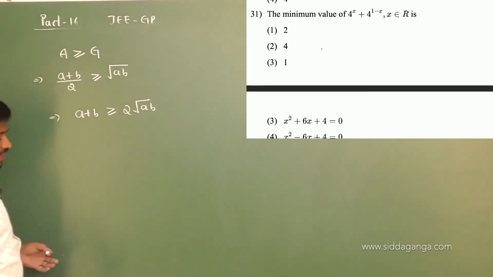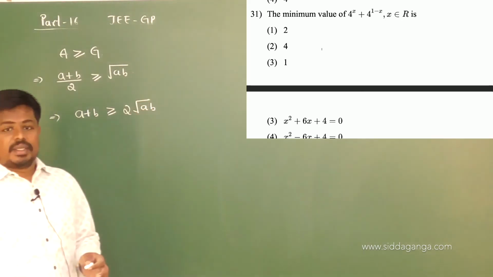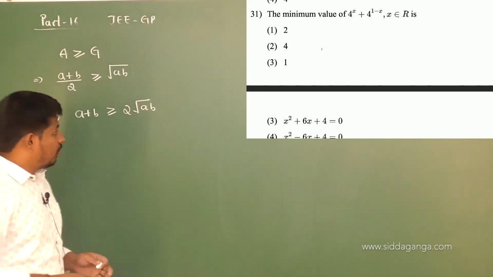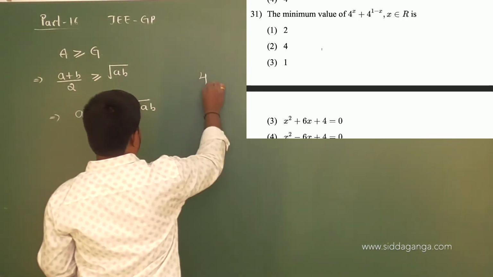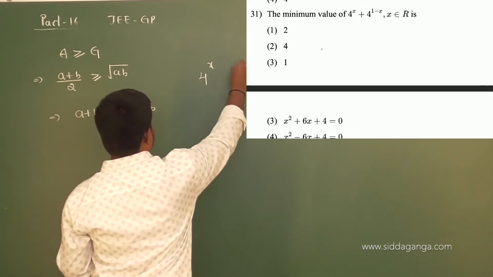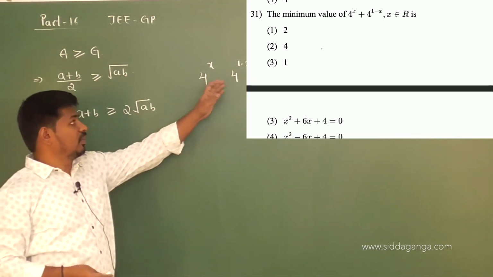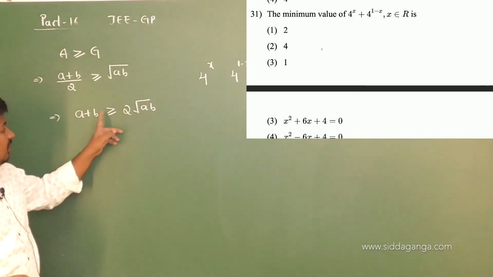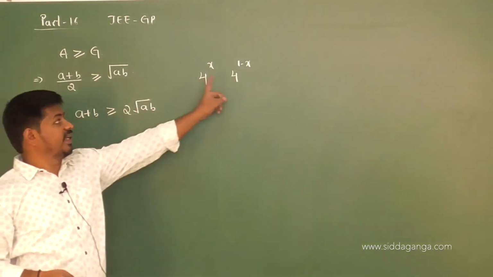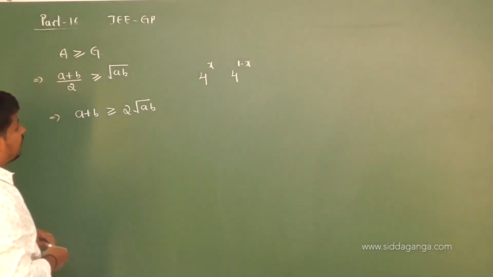This is the relation we have for any two numbers. Now we have the numbers 4 power of x, let me take as a, and 4 power of 1 minus x as b. For these two numbers, a plus b is always greater than or equal to 2 times root of a into b.